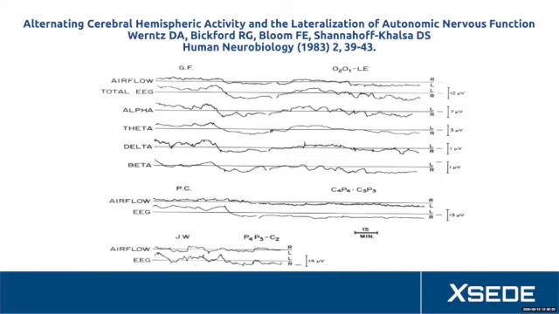And what that essentially means is that the two hemispheres of our brain alternate in dominance with an ultradian periodicity. And they alternate in dominance during both waking and sleep. And they're coupled to other systems, particularly the autonomic nervous system.